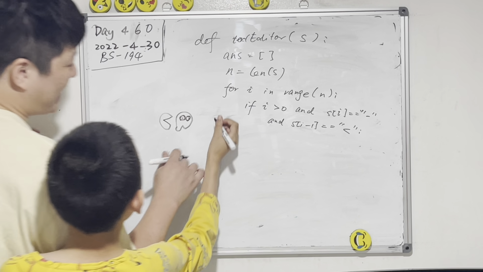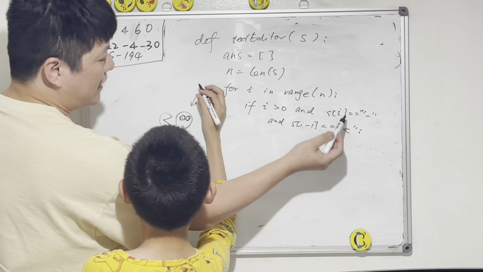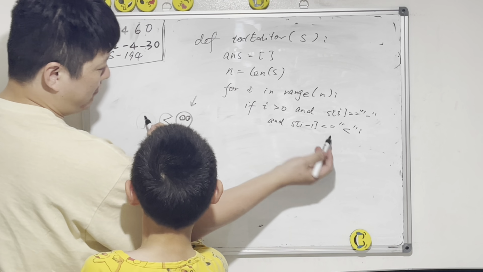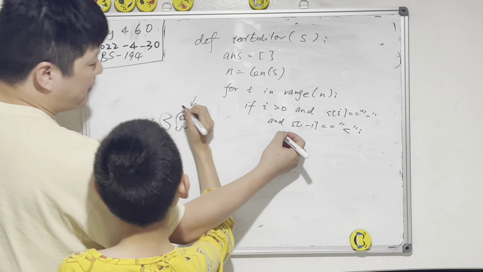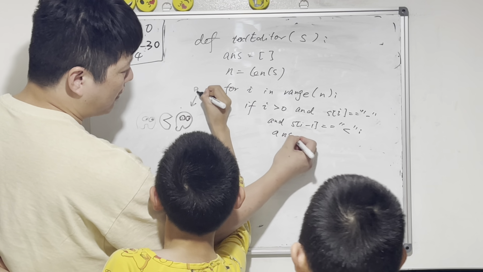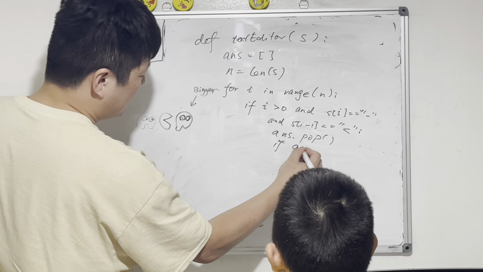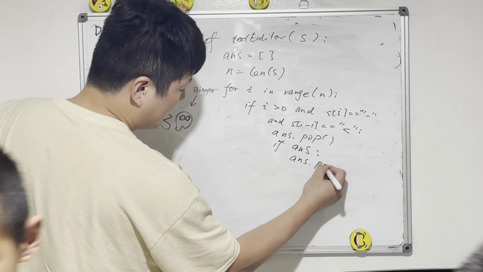Okay, I see. So look, what is this checking? If this character is a minus and the previous one is the less-than sign, that makes a backspace, then we need to do answer.pop. But we also have to check if answer is not empty.